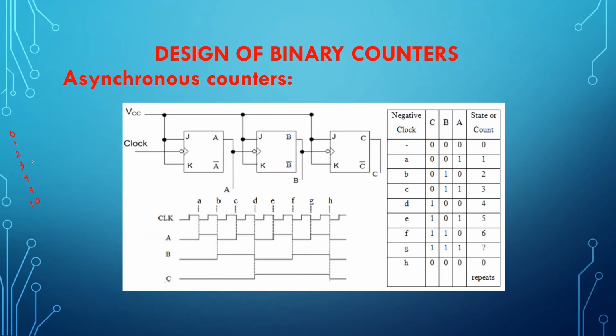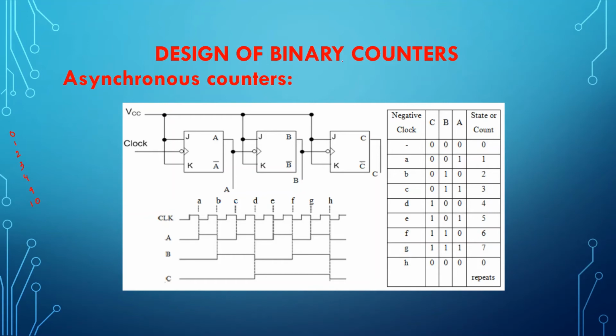I cannot give you a decimal count. Yes, the count that comes out of this counter can be converted into decimal, or you can connect it to a decimal converter and see the count. But we need to restrict ourselves to binary counters. That is what the title says here, design of binary counters.